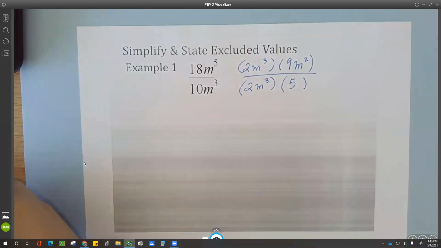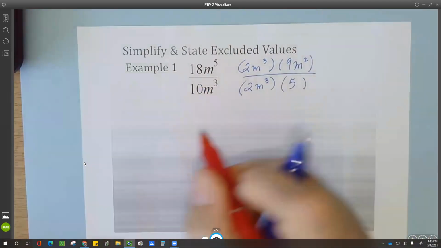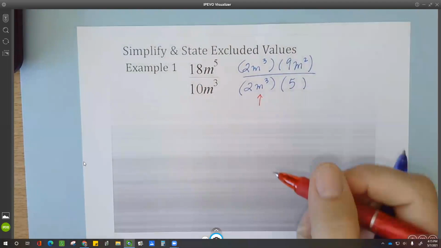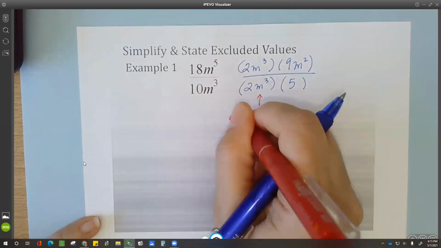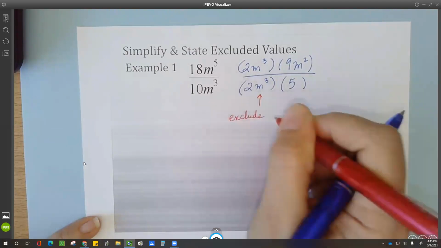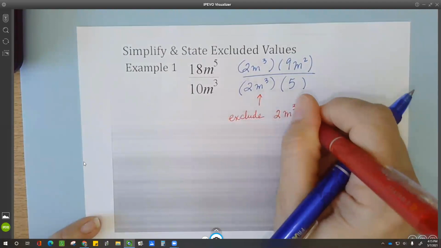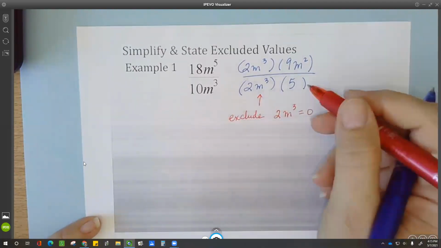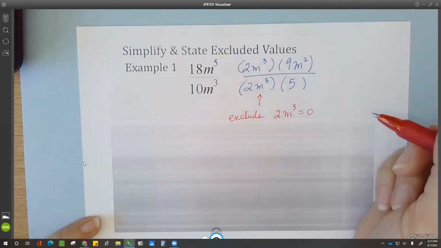I need to make sure that I exclude anything that would make the denominator be 0. So I'll exclude when 2m to the third equals 0. I don't need to worry about 5 equal to 0. That isn't possible.